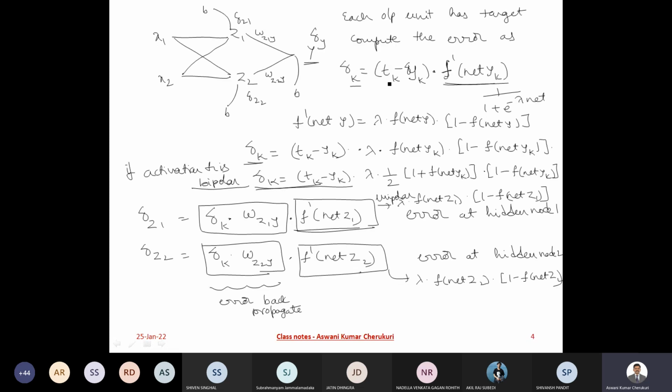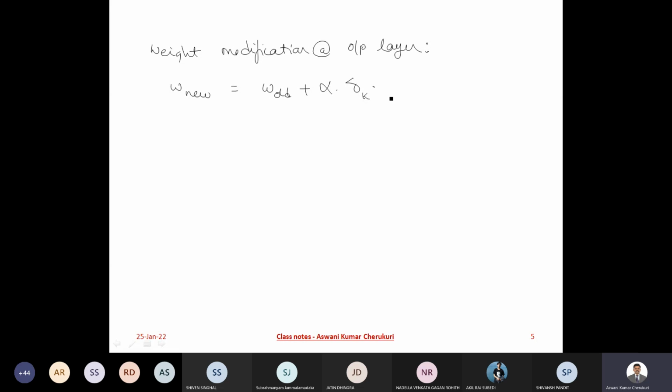Now the point is how you are going to adjust the weights. Again, you have two layers. Weight modification at the output layer: the new weight is equal to the old weight plus your learning constant alpha times your del k or del y, whatever it is, and the output at node y.